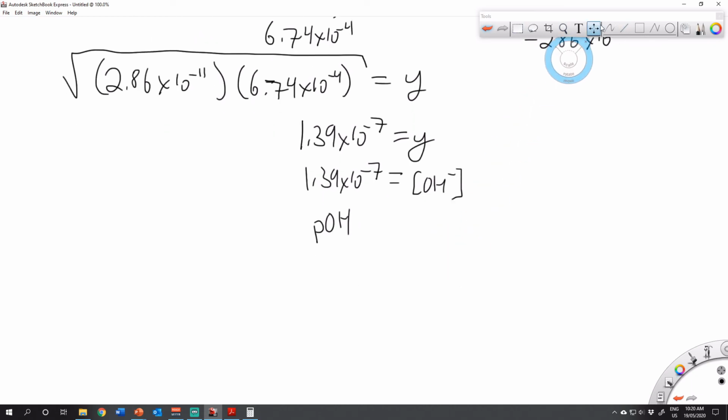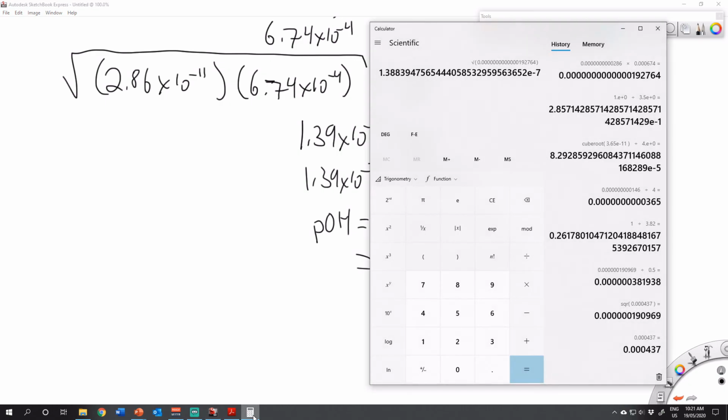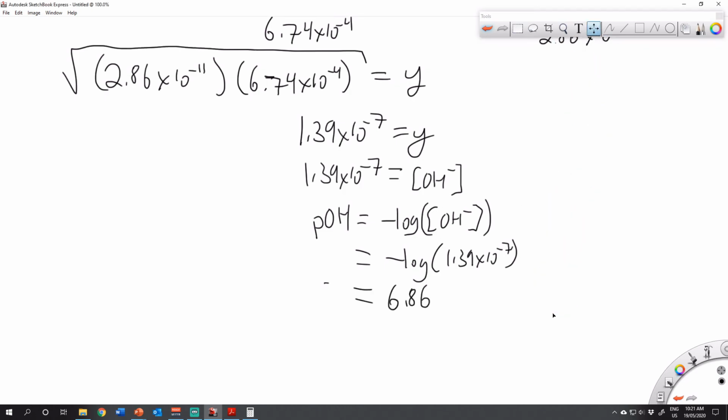We'll find the pOH from this using negative log. This is negative log of 1.397 times 10 to the negative 7. So it's negative, 6.86 comes out, but it's a negative of that, so 6.86 is my pOH.